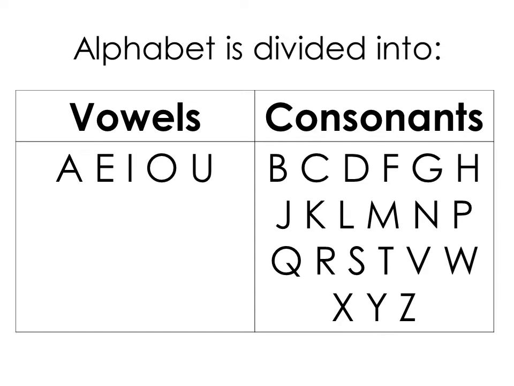We have B, C, D, F, G, H, J, K, L, M, N, P, Q, R, S, T, V, W, X, Y, and Z. So you need to focus and remember the difference of the vowels and consonants. Remember, vowels are only 5 letters, which are A, E, I, O, U, and the rest are consonants.